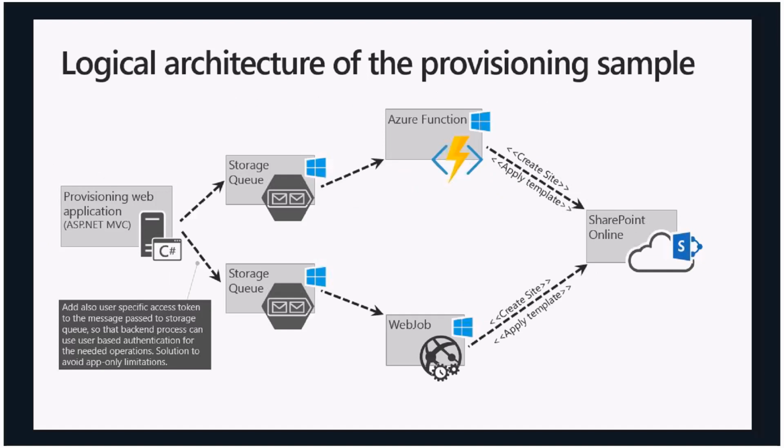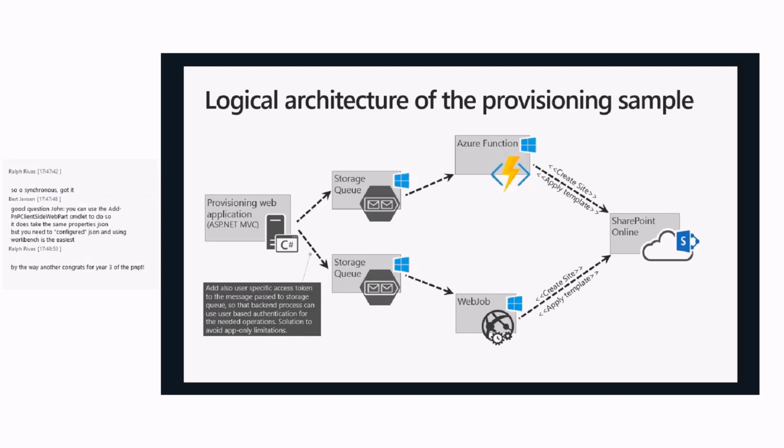But what's cool about this approach is that since we take the access token and push it into the storage queue, which will then fire a function or a web job, we actually use a user context when we call back to SharePoint Online. So you can do all of the needed operations which require a user context, because we are using the user access token, which is super cool.